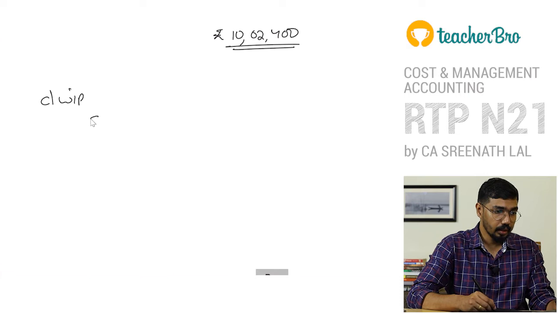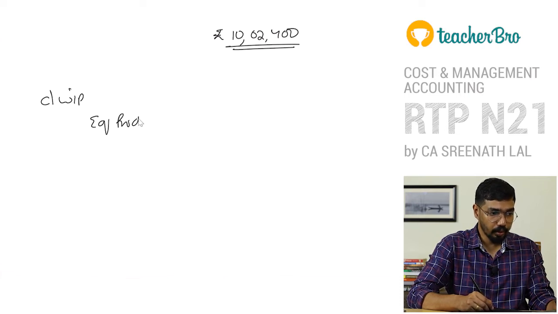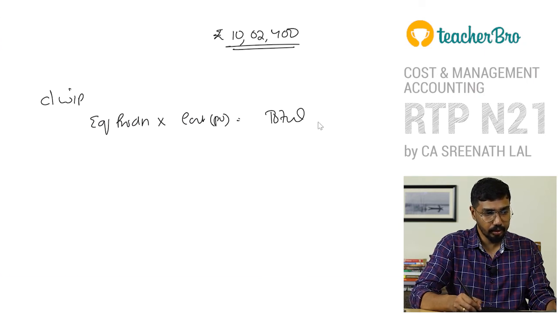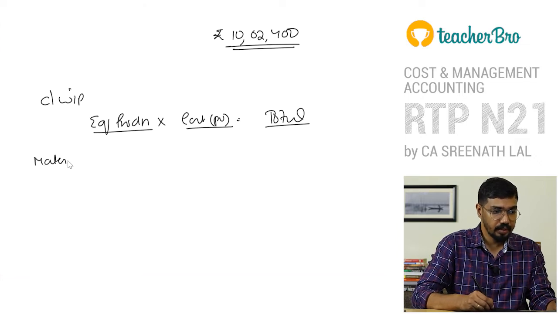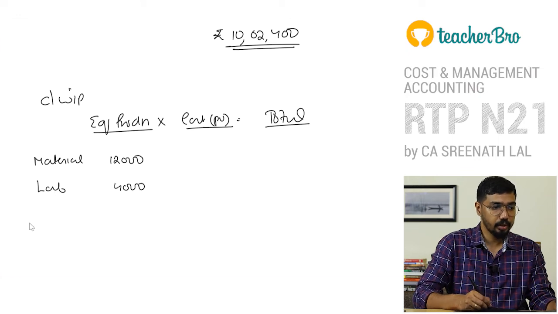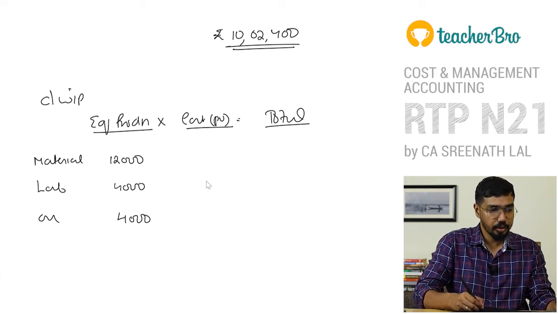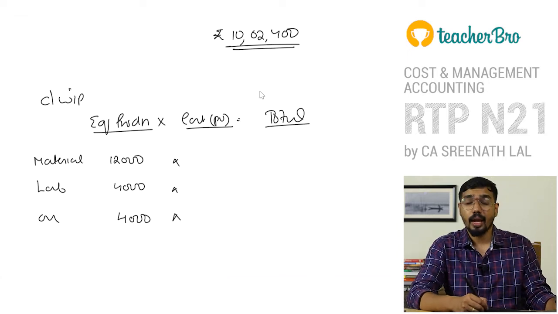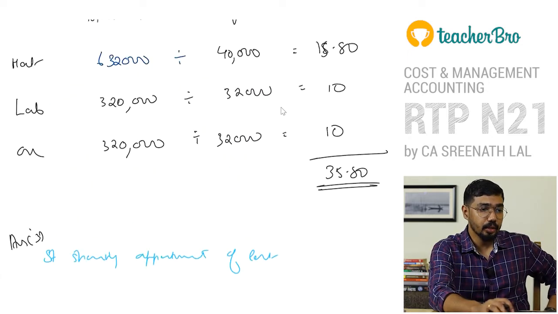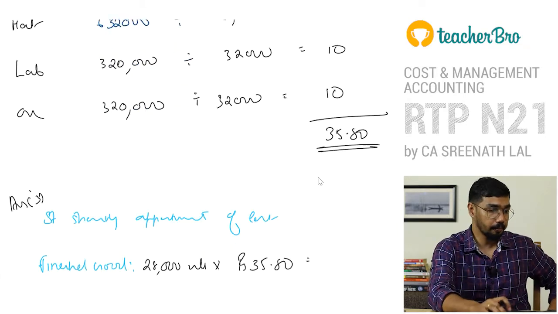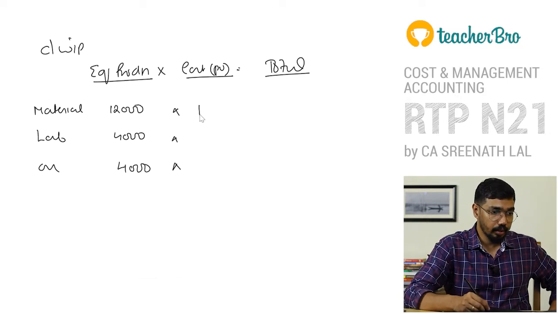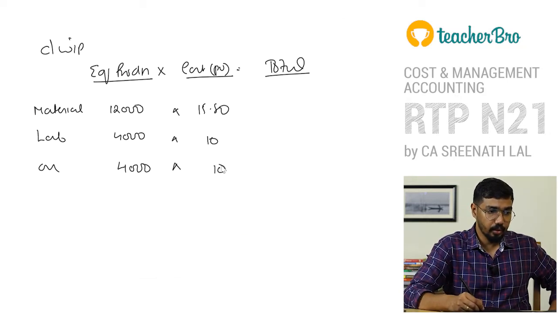So closing WAP, I need to write my equivalent production into cost per unit is equal to total. So this is the way I am going to value equivalent production, material 12,000, labor 4,000, overhead 4,000. And the cost per unit, material cost is 15.80, labor and overhead cost is 10.